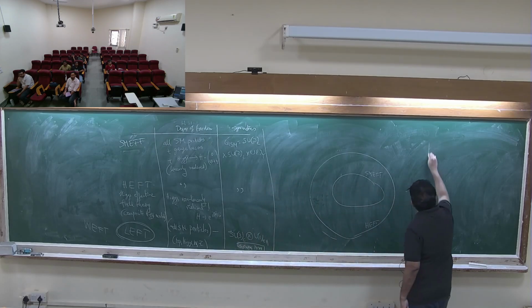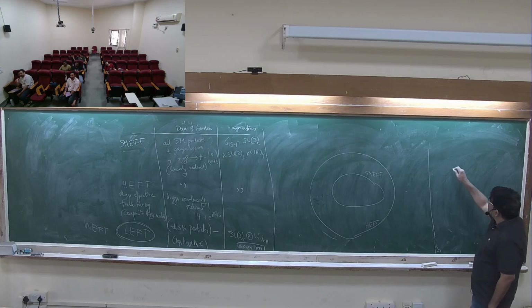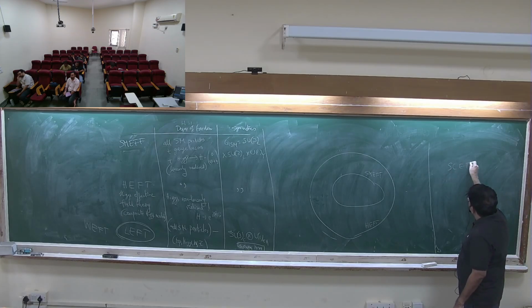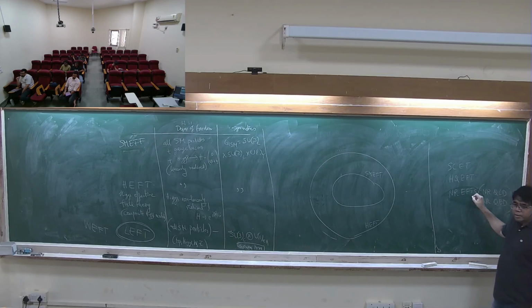Then there are another bunch of effective field theories which we won't talk about at all. Essentially, there is something called SCET, soft collinear effective field theory. There is something called heavy quark effective field theory. Then there are various QCDs, NRQCD, NRQED, non-relativistic effective field theories, more relevant for nuclear physics or dark baryons, for example.